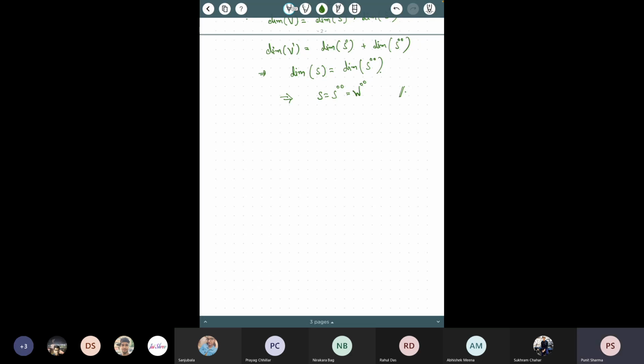So any doubt so far? Okay, if not, then let me define transpose of a linear transformation. So we know the transpose of a matrix. Let's see how we can relate. We know that there is a relation between the matrices and the linear transformation.